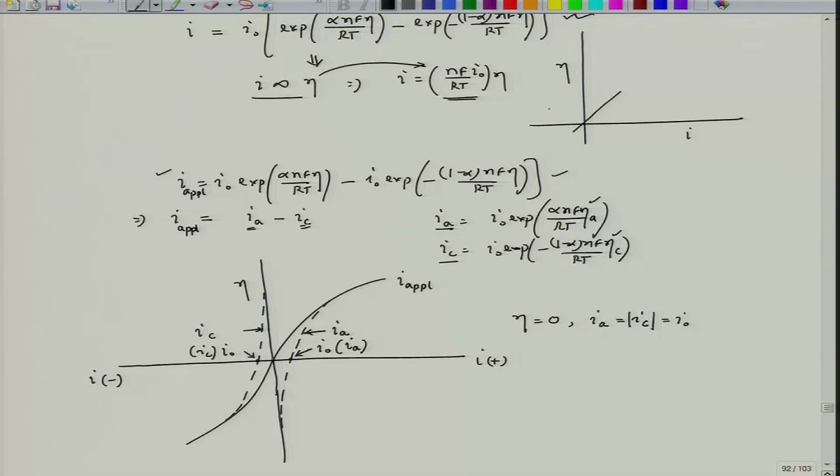And then as we go in the positive or negative direction on the over voltage axis, we get the individual current response. Interestingly, at high current values in this direction, at this point I A becomes equal to I applied. On the negative side, at this point I C becomes I applied.